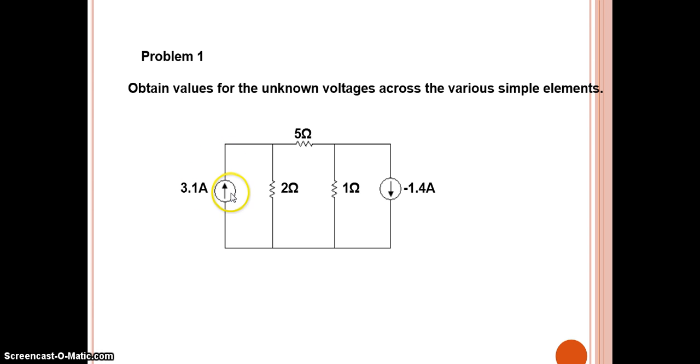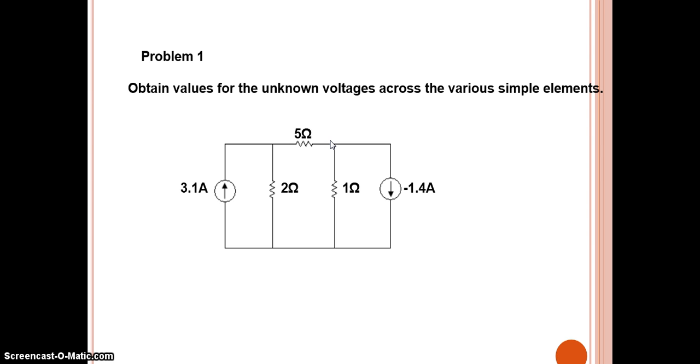The voltage across the current source will be the voltage at this point with respect to ground. Even the 2 ohm is the same. For the 1 ohm, it is the voltage at this point with respect to ground. Minus 1.4 ampere source means the voltage at this point with respect to ground. The 5 ohm resistor means it is the difference in voltage between this node and this node. So we need to find these voltages.